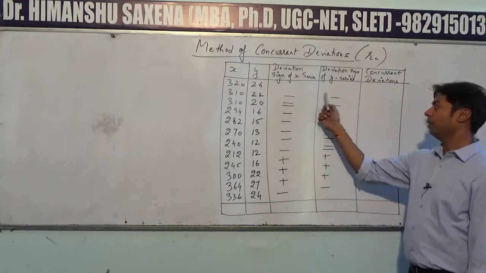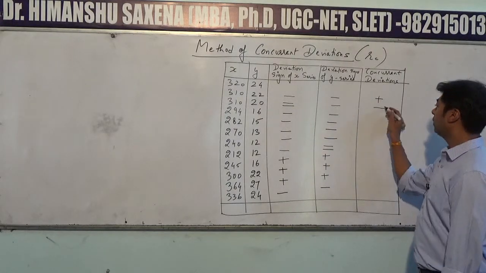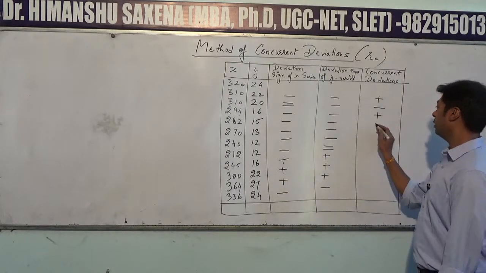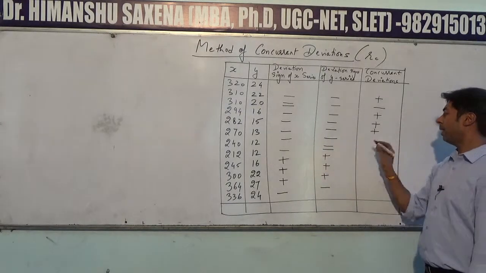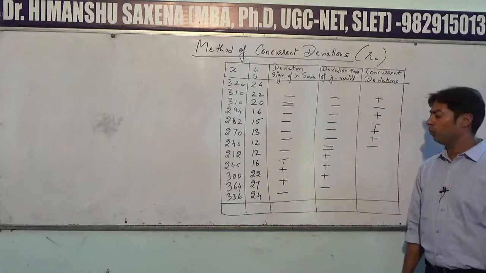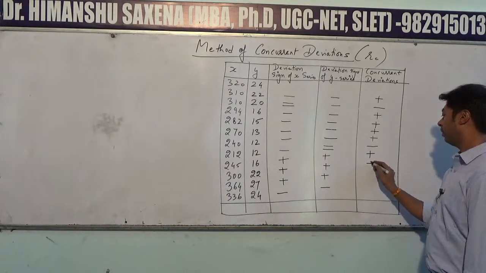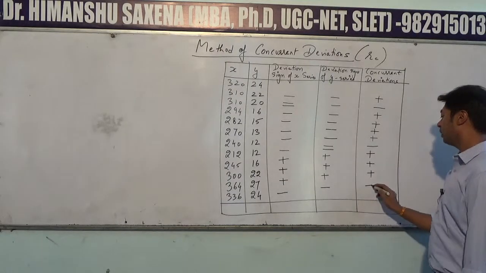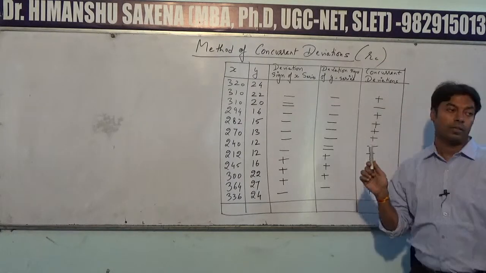So multiply both the signs: minus minus will give you plus, equal minus will give you minus, minus minus will be plus, minus minus will again be plus, minus minus again plus, minus minus again plus, but minus equal will be equal to a negative sign, plus plus will be plus, positive positive will again make positive, positive positive will be positive, and minus minus will be equal to positive. So now you count the number of positive signs.